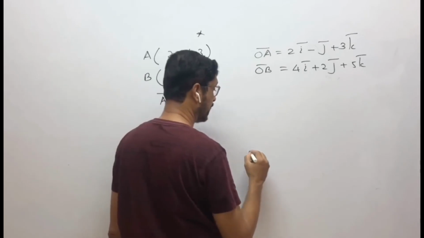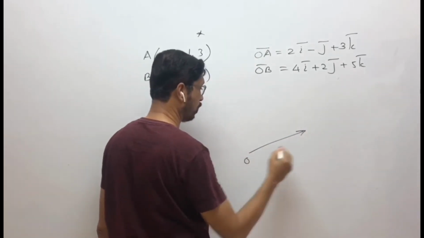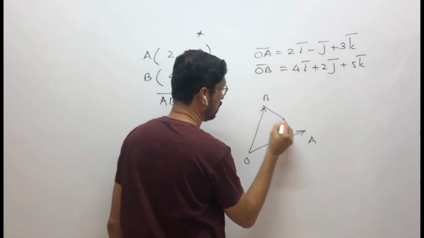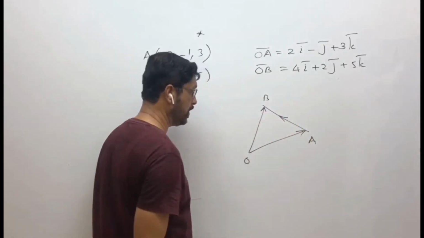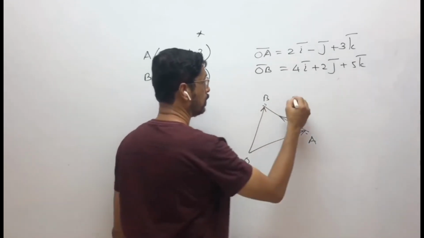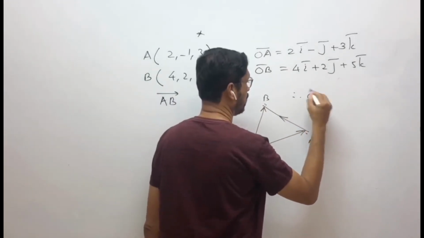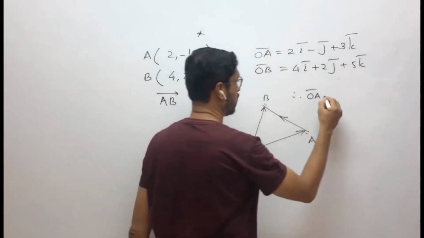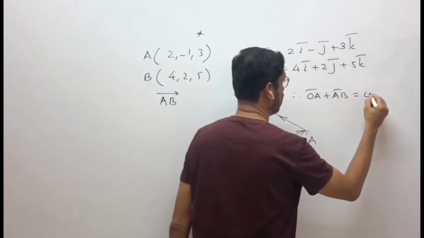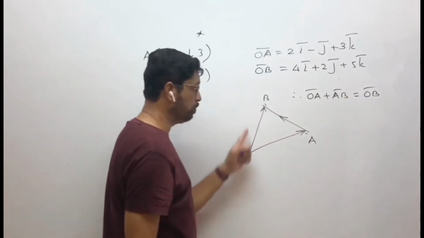और जैसे हमने देखा था, suppose ये है vector OA, ये है vector OB, you have to find vector AB, then OA plus AB is equal to OB. So vector OA plus vector AB is equal to vector OB.